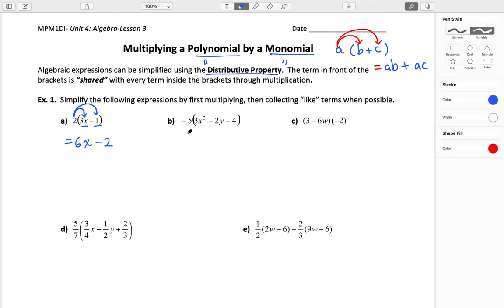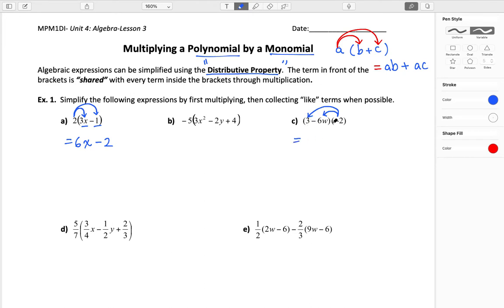Now, what about letter C? As you can see, there are 2 different houses, but -2 is the only term in front of the first one. So -2 will be distributing with 6w, handshake, and with 3 as well.